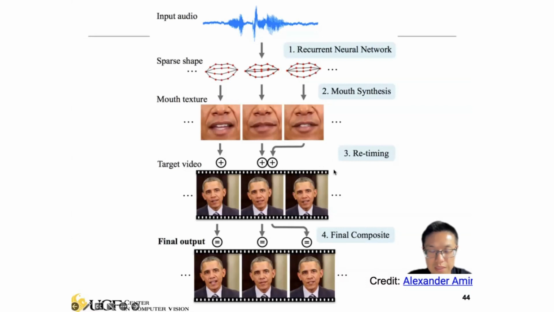But here the goal is to take that real video and change the lip region, right? Based on the given input audio, which is totally different from the original audio of the video, but you want to incorporate that into this target video. So you want the lip region to sync with this input audio and feel like this entire video, the appearance and the audio information, are able to sync with each other and everything looks realistic.